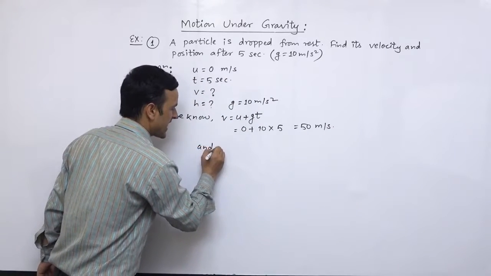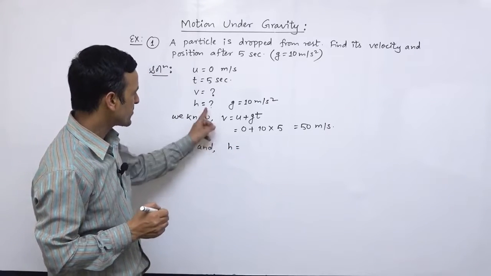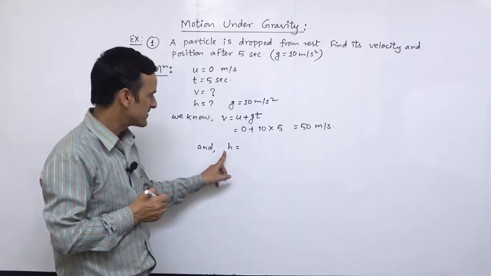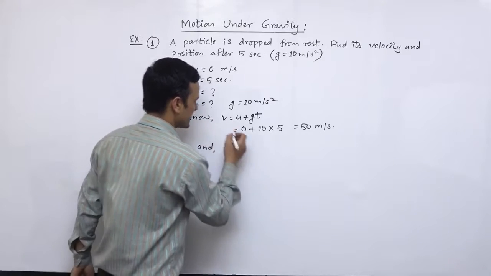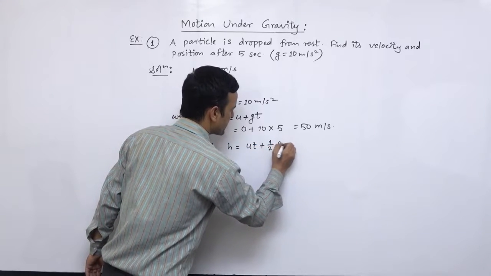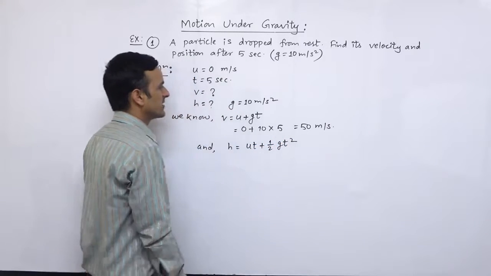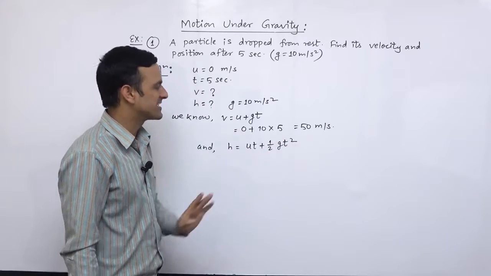Similarly, to find h, we can use another formula. So which formula is suitable to find h for this data? So for this information we can use ut plus half gt square. So we have the value of u, value of g, value of t.